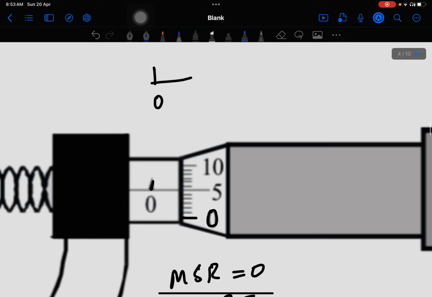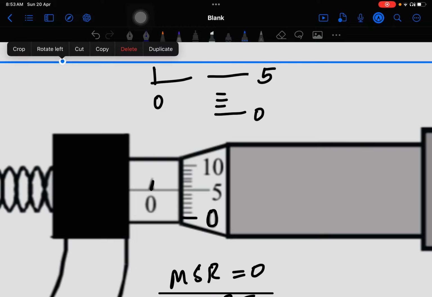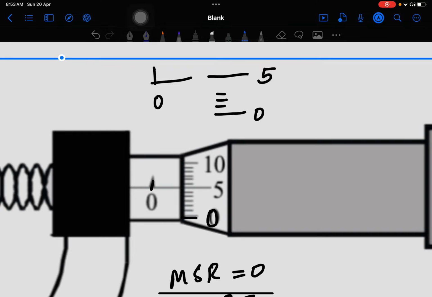The zero mark over here and this zero mark over here, right? But if the zero is actually below, it means that this device is showing you a reading over here, right? How many divisions is it showing you? 5. So, therefore, the circular scale reading is 5 multiplied by the least count, right?